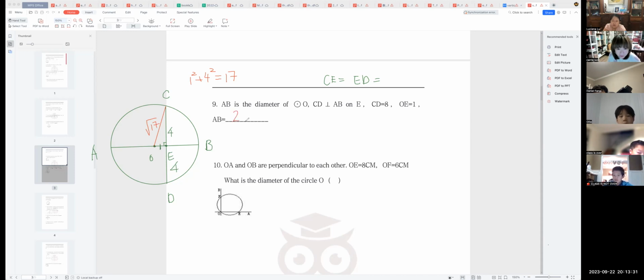So AB is 2 square root 17. Okay, get it, everybody?